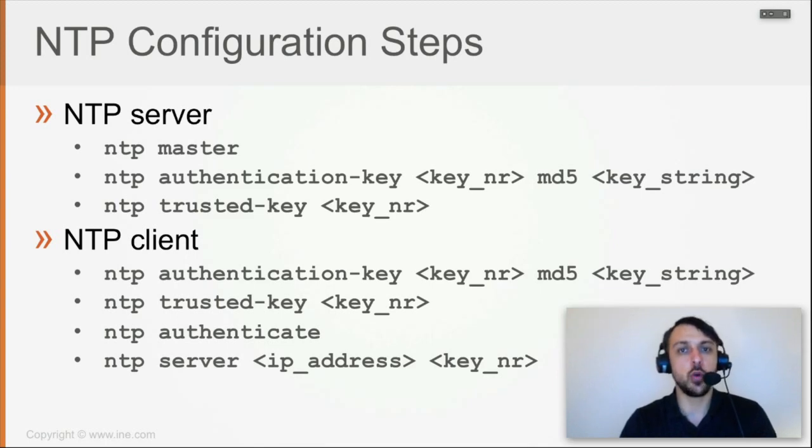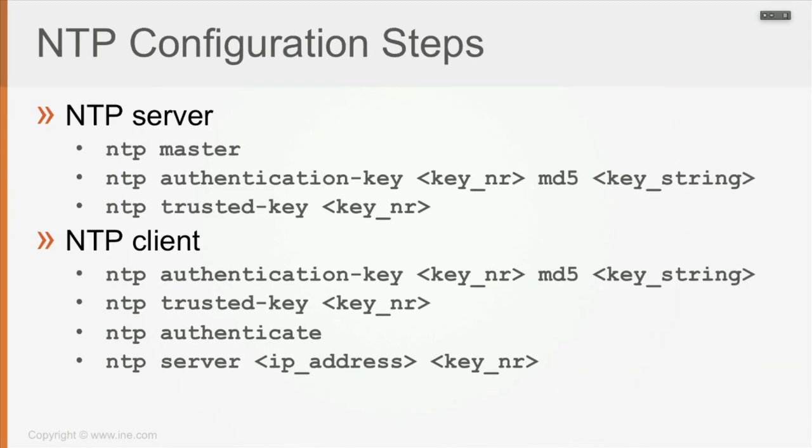So it makes sense that you want only the client to run the command NTP authenticate, because you want only the client to authenticate the time source. The server doesn't need to authenticate the clients, because the clients don't offer time to the server. So that's why you don't need the NTP authenticate command on the server, only on the client.